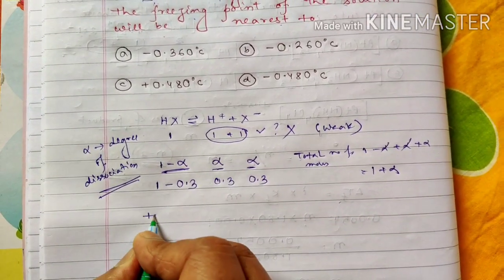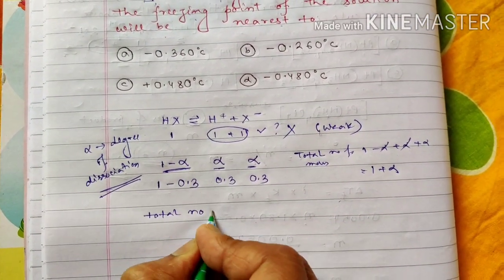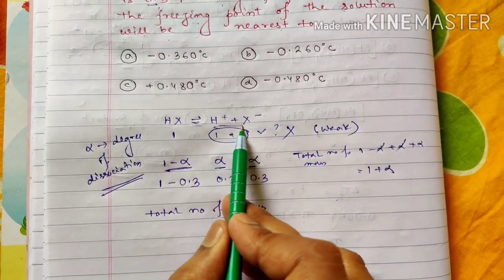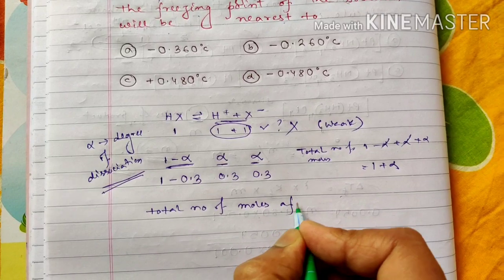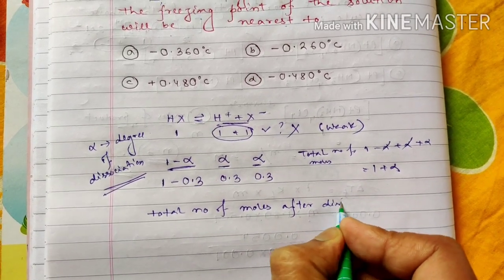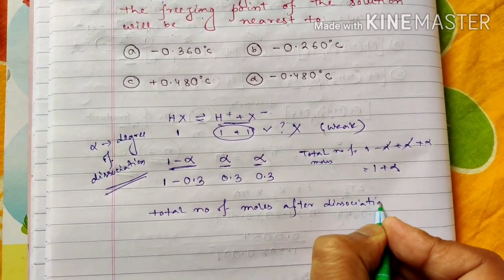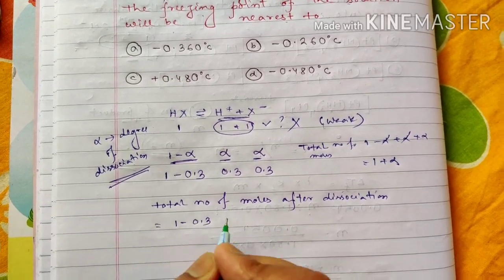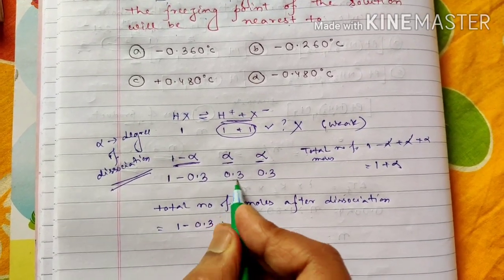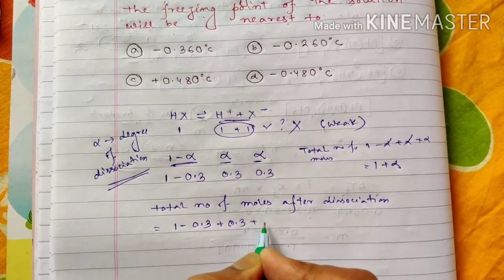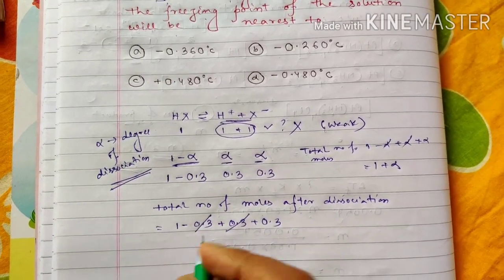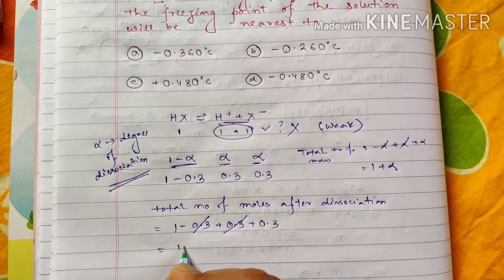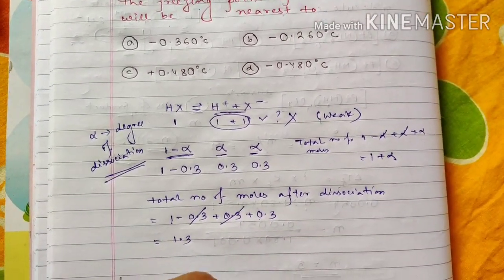If we calculate the total number of moles after dissociation, it should be 1 minus 0.3 plus 0.3, again 0.3. These two should be cancelling each other out. So it is 1 and 0.3, so it is 1.3. So that is the total mole.